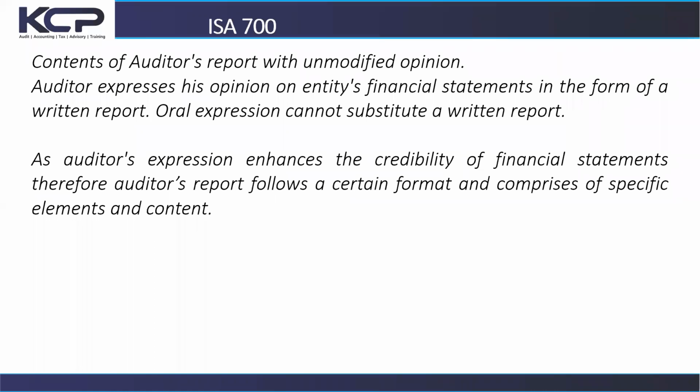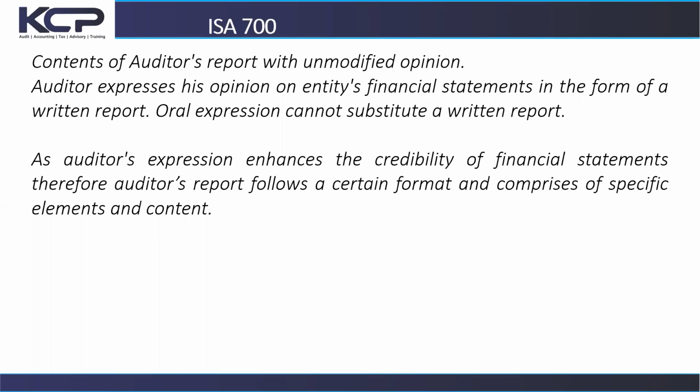As the auditor's expression enhances the credibility of financial statements, therefore the auditor's report follows a certain format and comprises specific elements and content. So people are watching out for that very page of the audited account that actually expresses the mind or the opinion of the auditor.